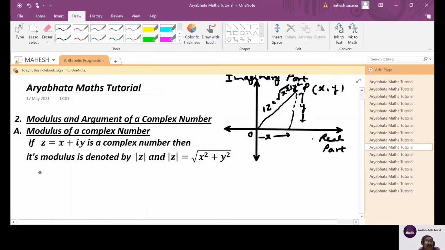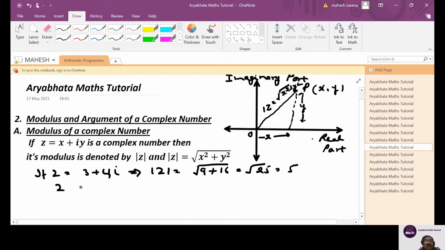For example, if z is equal to 3 plus 4i, implies that modulus of z is equal to under root 3 square, that is 9, plus 4 square, that is 16, that is under root 25, that is 5.